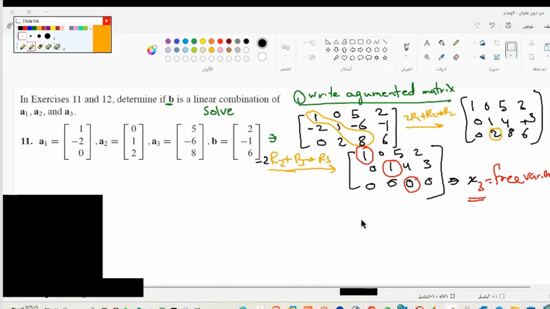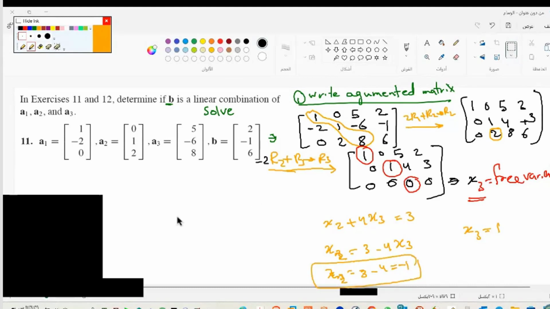So here, I will write x2 plus 4 x3 equal 3, so x2 equal 3 minus 4 x3. If x3 we select, for example, 1, x2 equal 3 minus 4, it is minus 1.